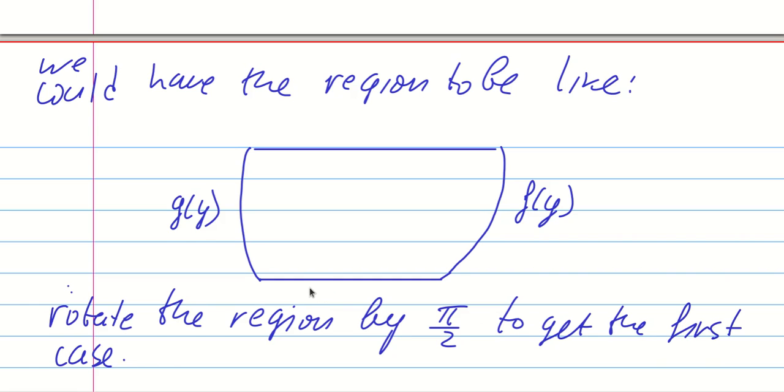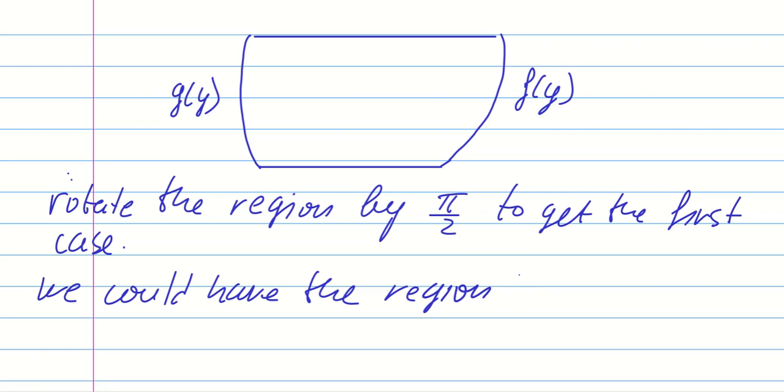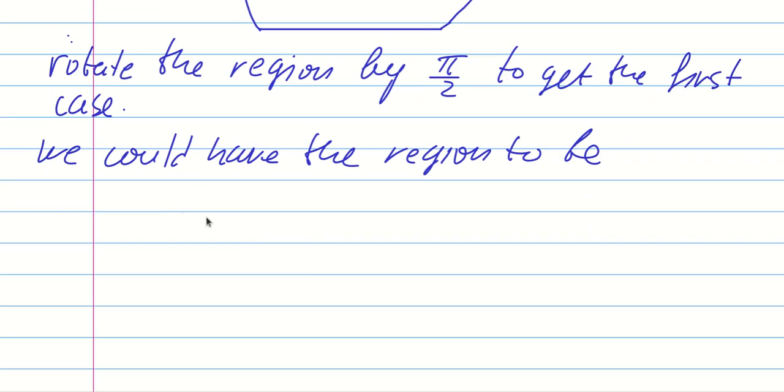We can do this. What else could happen? We could have the region be something like this: a function on the left, a function on the right, a function on the top, and a function on the bottom.